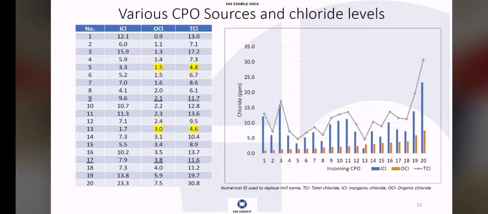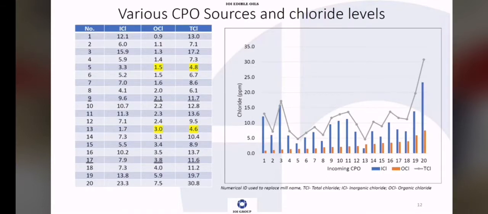Washing removes mainly the inorganic chloride, so the organic chlorides do not reduce much. As Engineer Mervyn presented just now, those chlorides, whether they are the presence of organochlorines in the CPO, do contribute to the formation of 3-MCPD in the deodorizer.